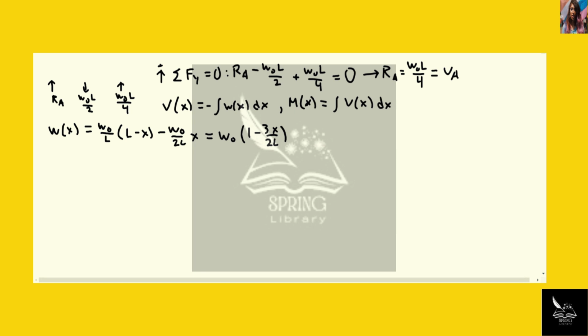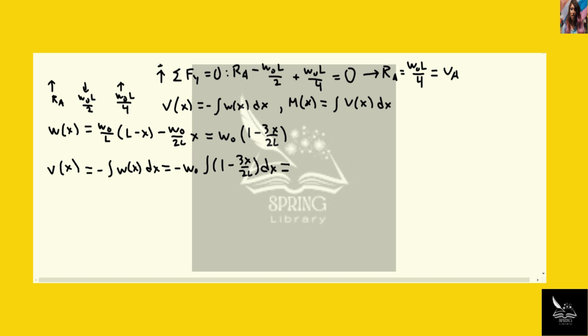All right, so we get V of x equal to minus integral w of x. And so we'll take out a constant W0, and we'll have 1 minus 3x over 2L dx.